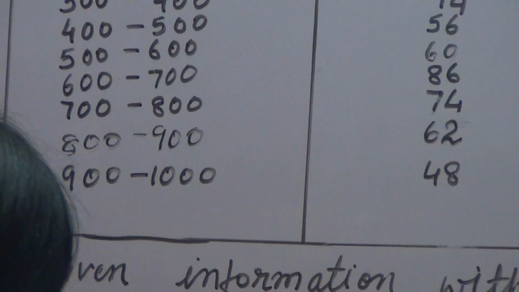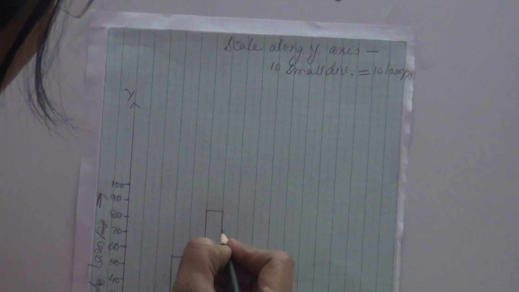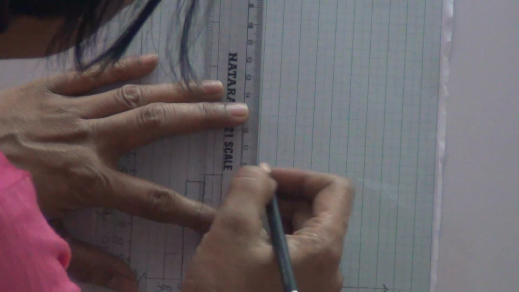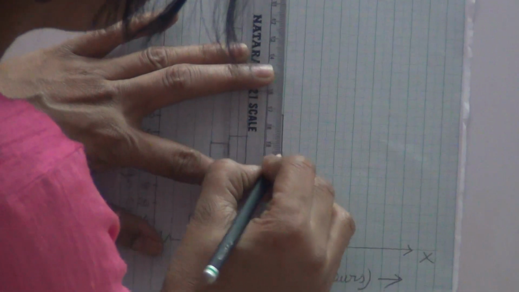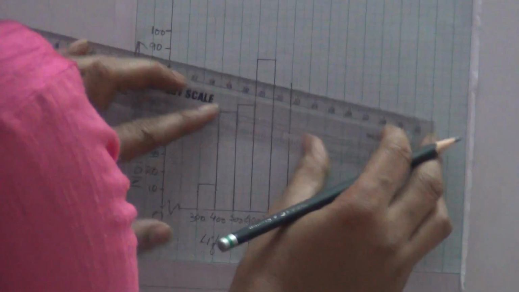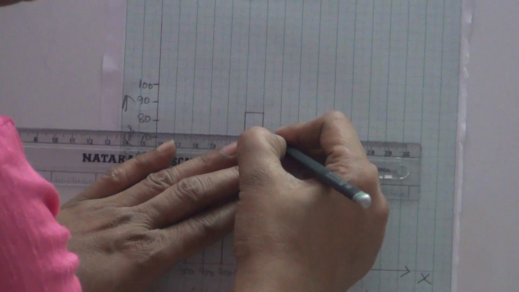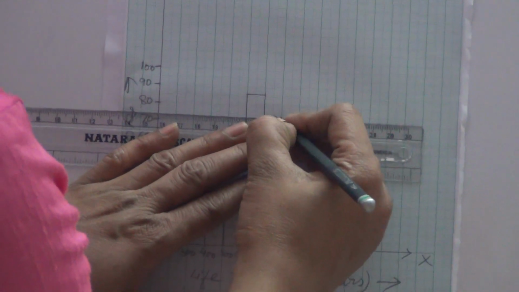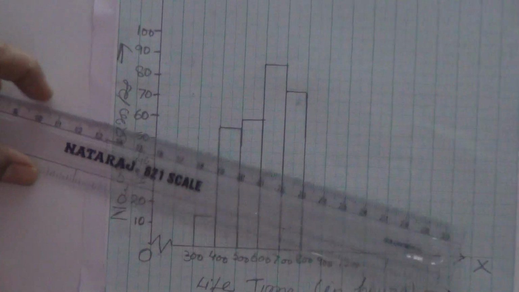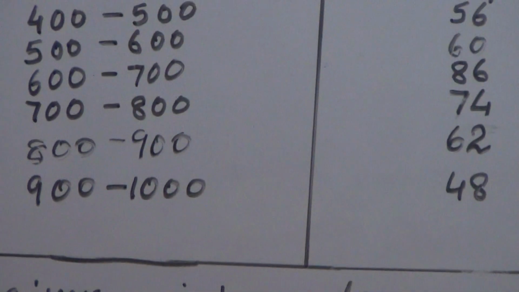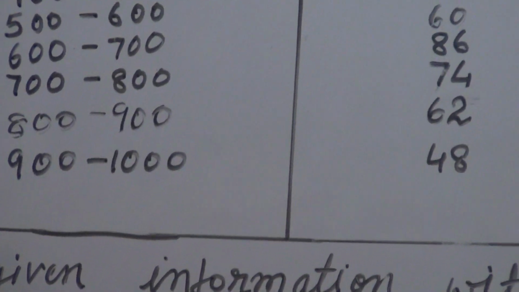Now 700 to 800, number of bulbs is 74. 70 and 4 will be a little bit below this, one small division below the 75 line, so it will be 74. So we have to stop here only. You have to be very alert regarding accuracy while drawing these top lines.